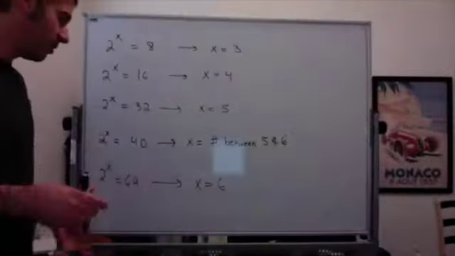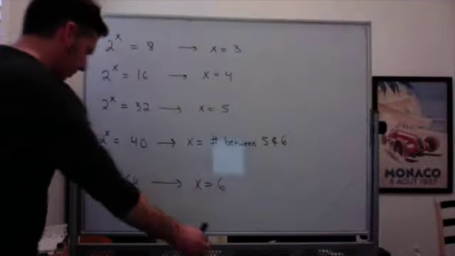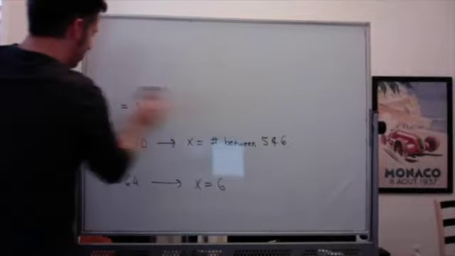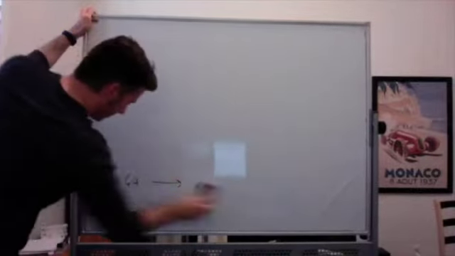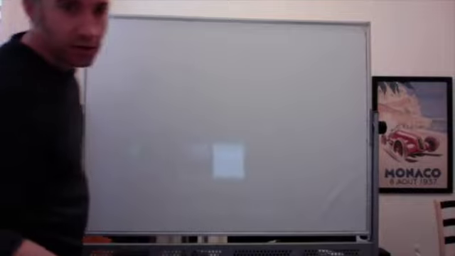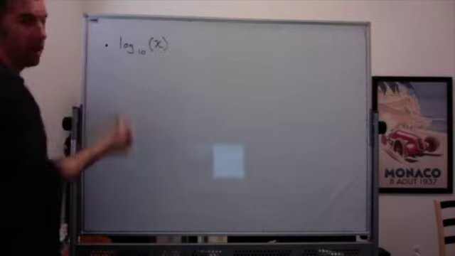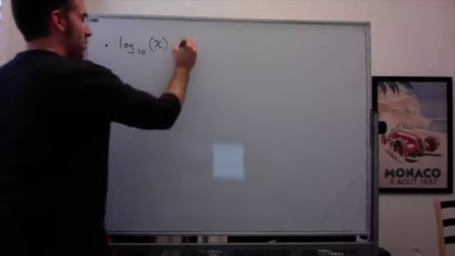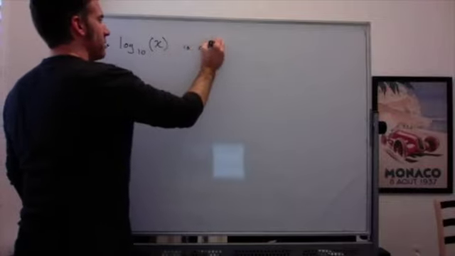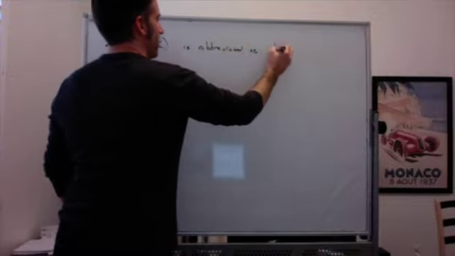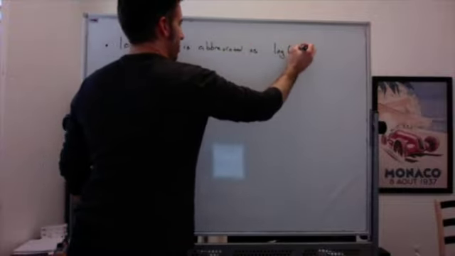A couple other things to be aware of when it comes to logarithms. There are some abbreviations that you should be knowledgeable about. Log base 10 of some number x is abbreviated as log of x.